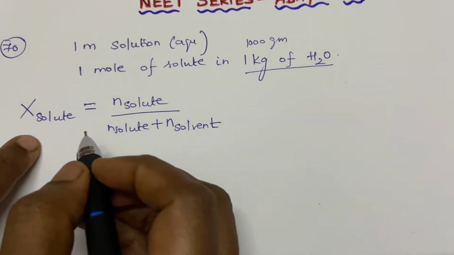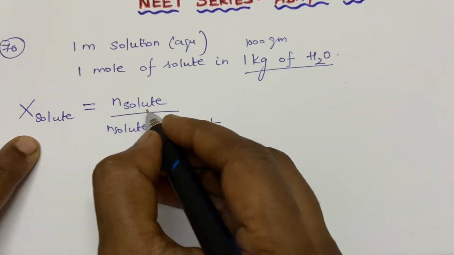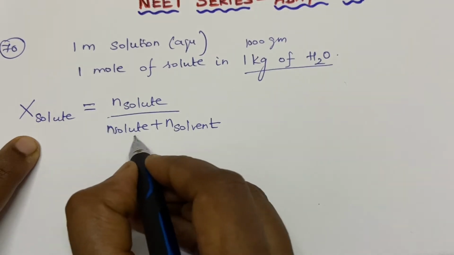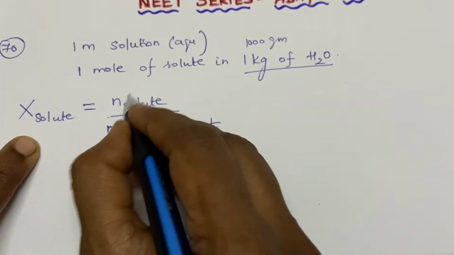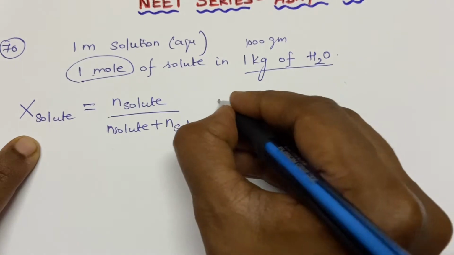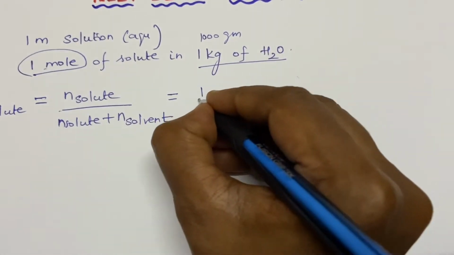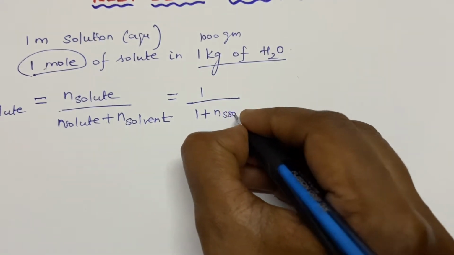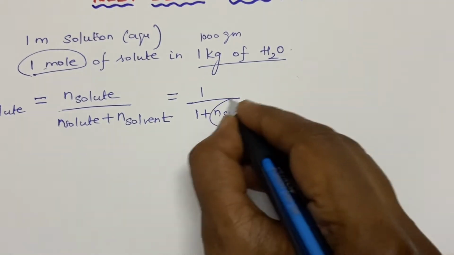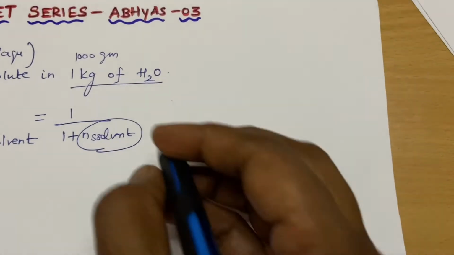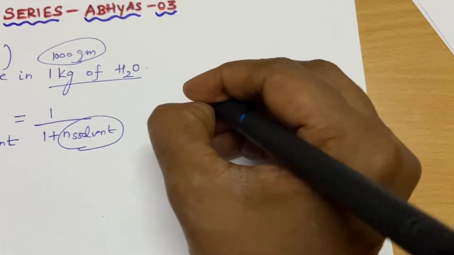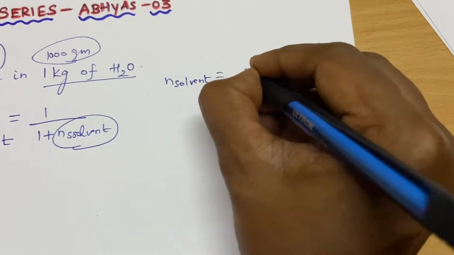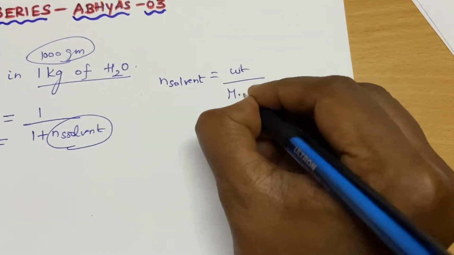To find the mole fraction of the solute, what is the formula, students? Number of moles of the solute divided by the total number of moles of the solute and the solvent. We know there is 1 mole of solute present, so it is 1 over 1 plus the number of moles of solvent. We need to find the moles of solvent. The given weight is 1000 grams, so the number of moles of solvent is equal to weight divided by molecular weight.